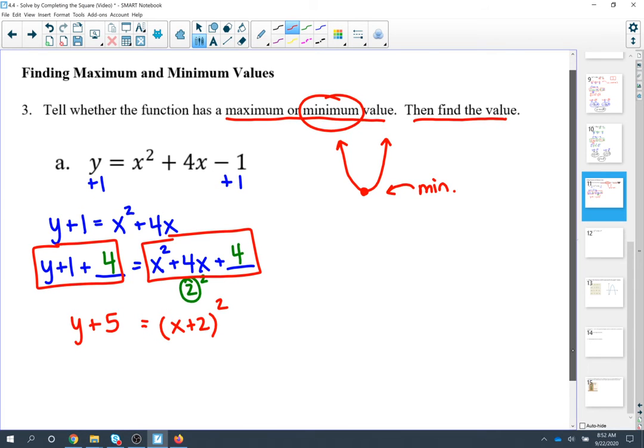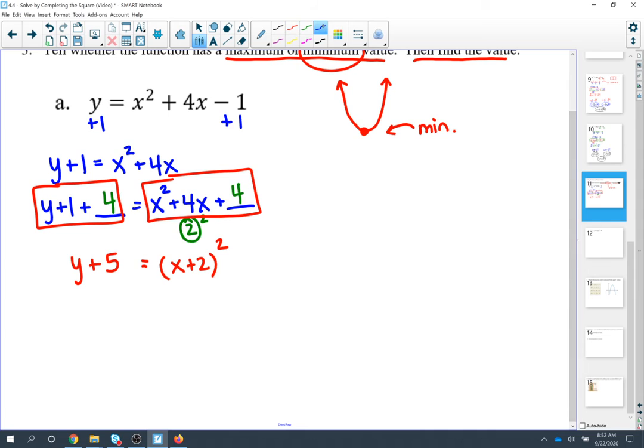Now, at this point, I have to get my equation back to y equals. So I'm going to subtract 5 from both sides. Y equals, you can't actually subtract 5 from a set of parentheses, so we're just going to put quantity x plus 2 squared and put the negative 5 on the end.